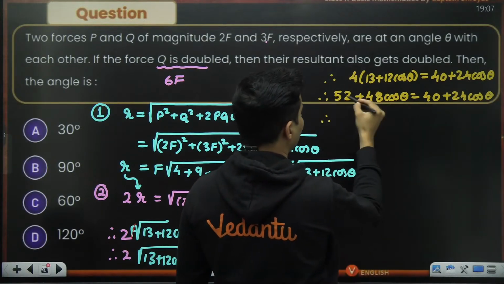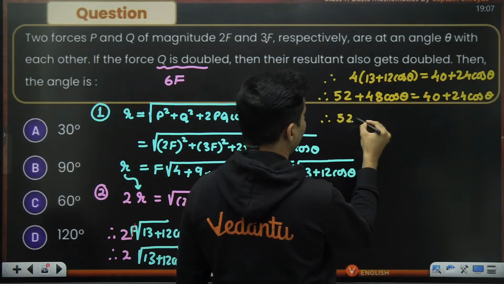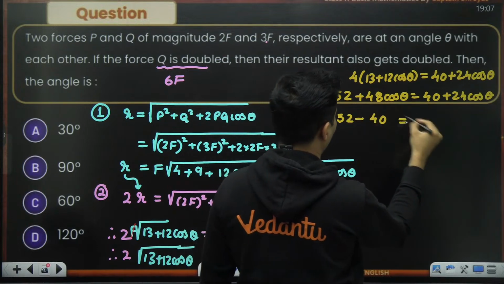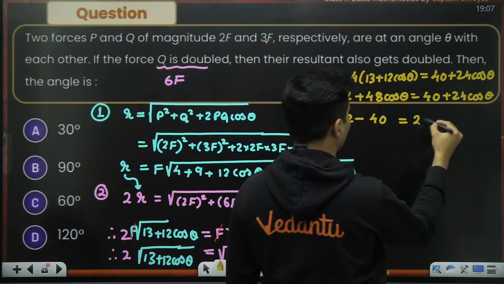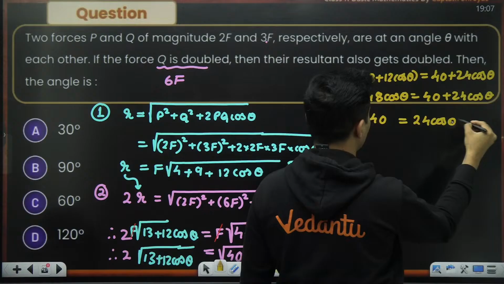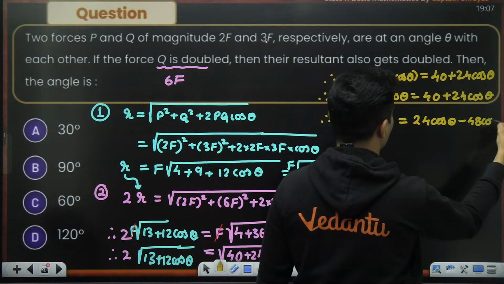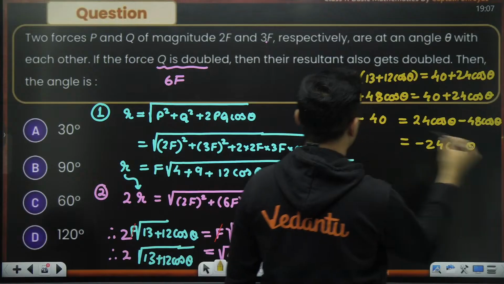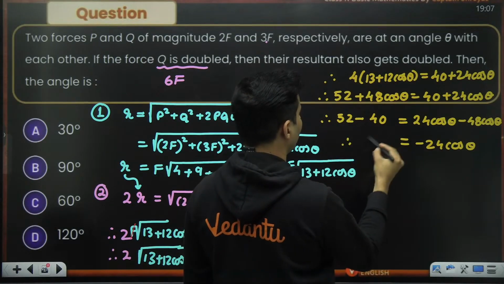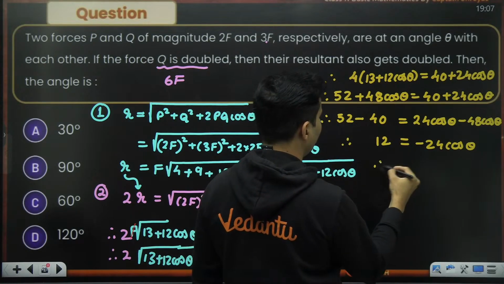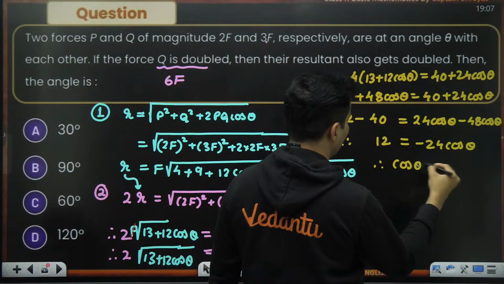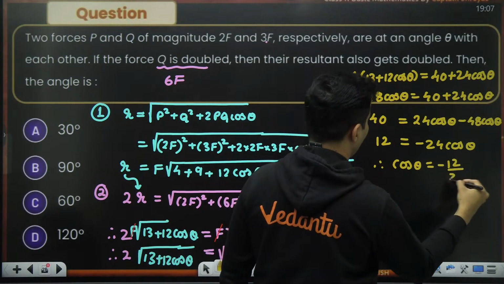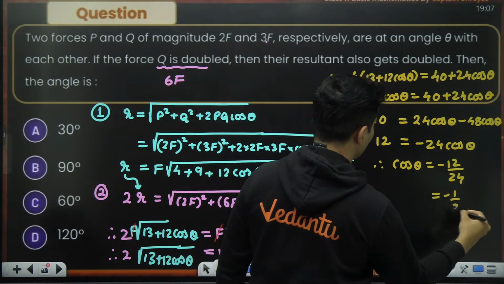I can take 40 over here, so I'll have 52 minus 40, and over here I can take 24 cos theta minus 48 cos theta. This will be minus 24 cos theta, and 52 minus 40 is basically 12. So therefore cos theta will be minus 12 by 24, which is minus 1 by 2.